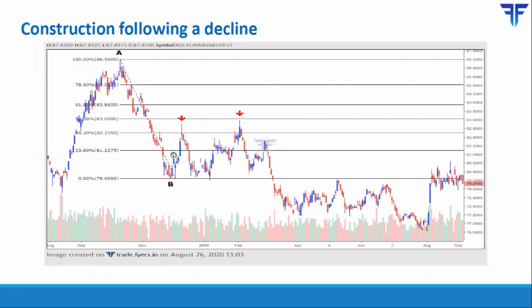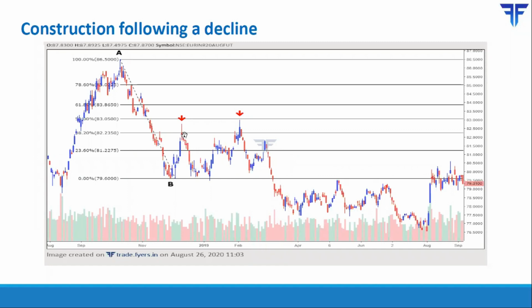Now 23.6% Fibonacci retracement did not provide any type of support. It was easily broken. However, if you see, 38.2 again acted as an area of resistance. There was a break above 38.2 on this particular candle, but if you see, the closing of this candle was again back below 38.2.